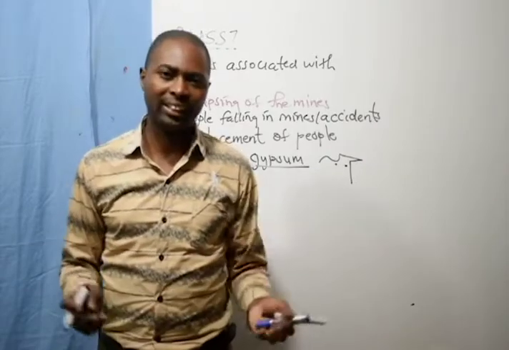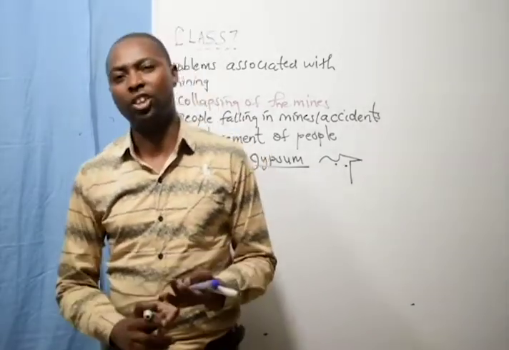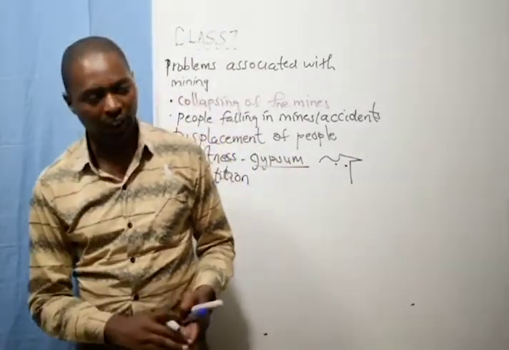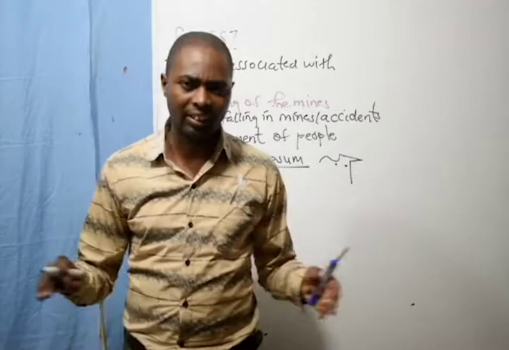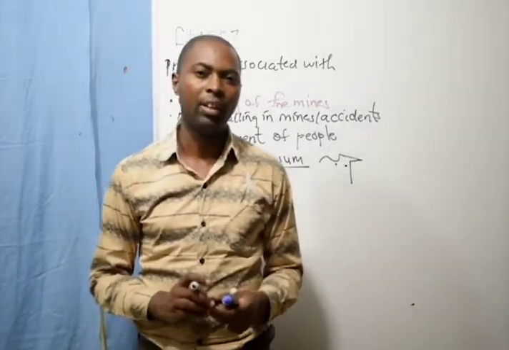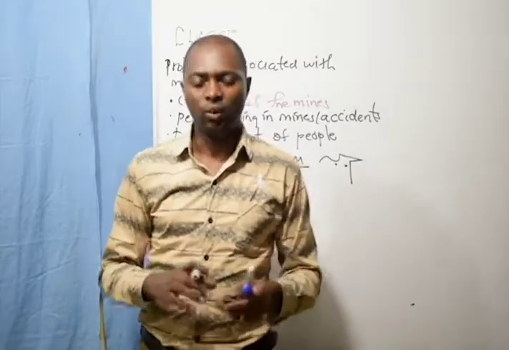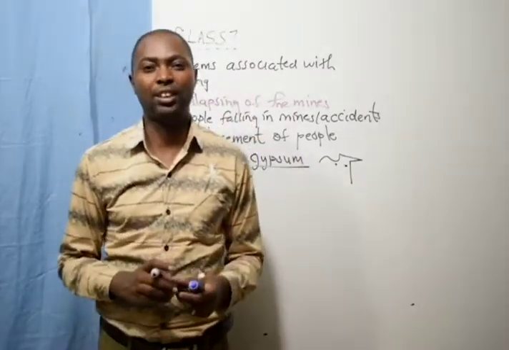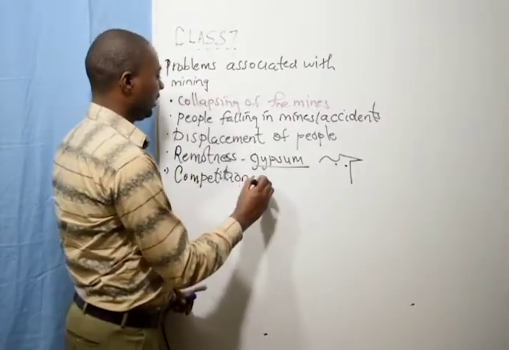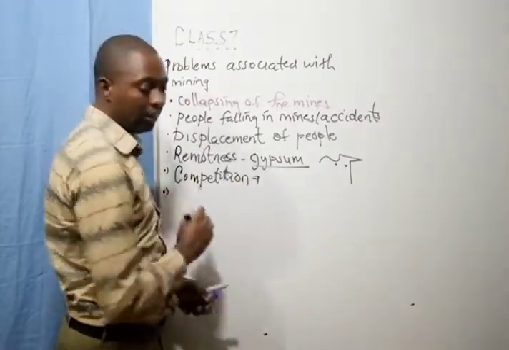Petroleum has several producer countries: Nigeria, Niger, Egypt, most of the countries on the northern side of Africa. Therefore, competition is high. When countries compete, it affects the price. They have to lower the price. Competition is a factor that affects minerals.